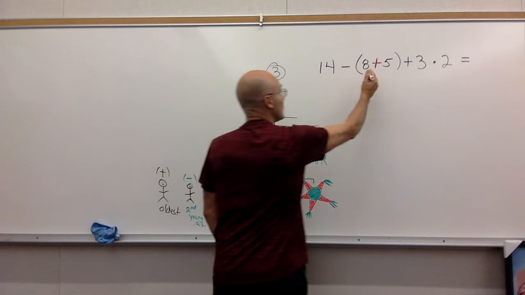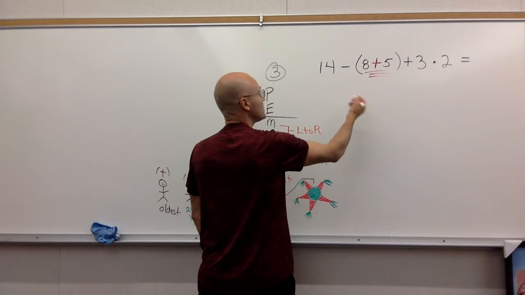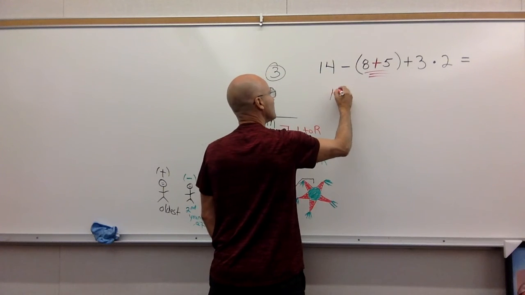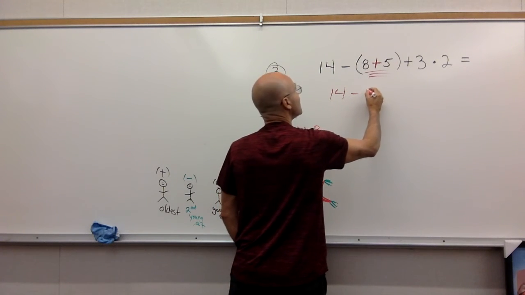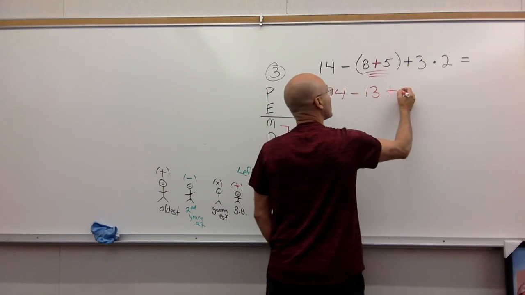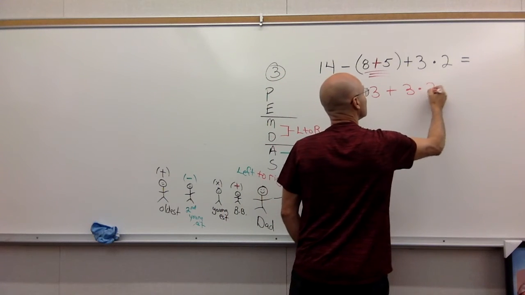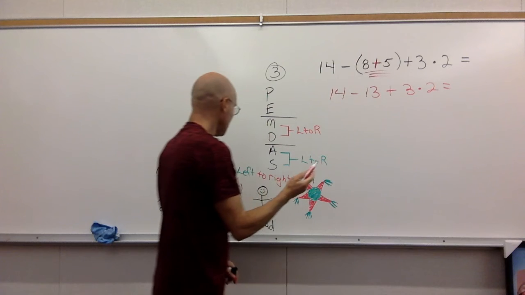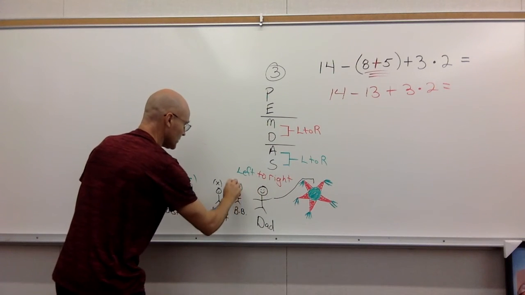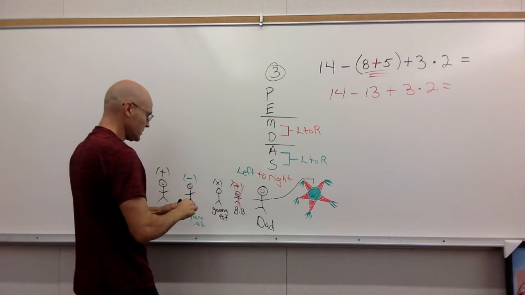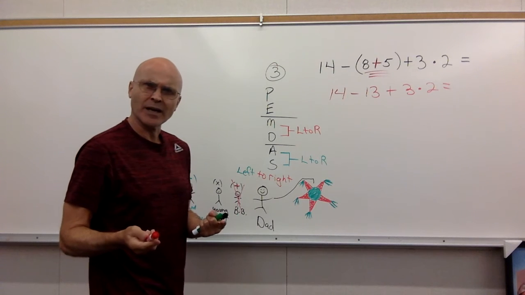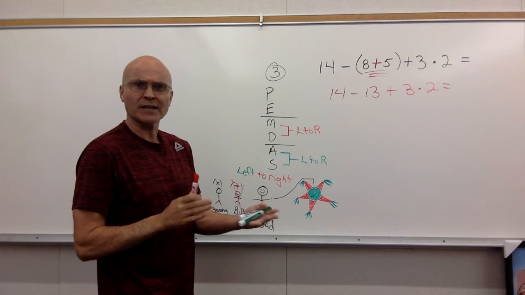So once he hits the piñata a couple times, we bring everything down, and you get 14 minus 13 plus 3 times 2. Now the birthday boy is done hitting the piñata, so he's already took his swings. Now who gets to hit the piñata next? Oh, the youngest one, right? The smallest one?